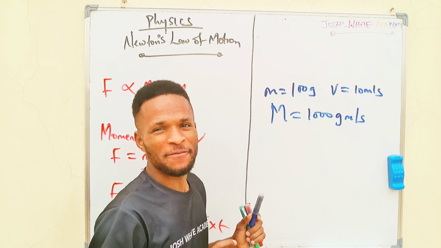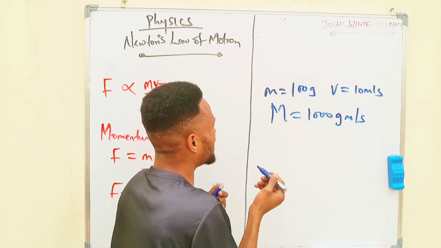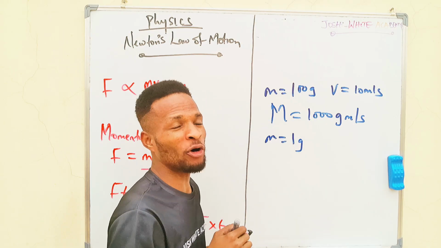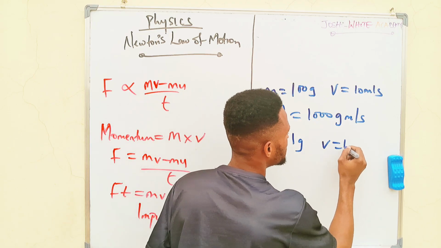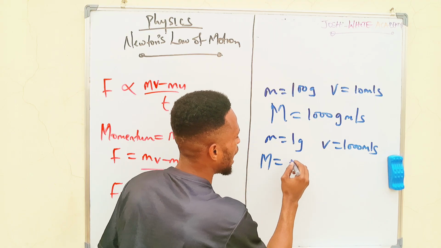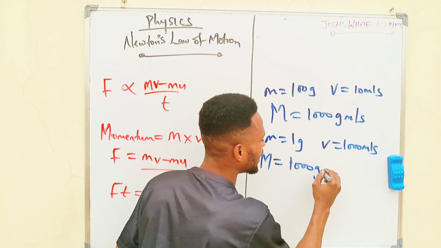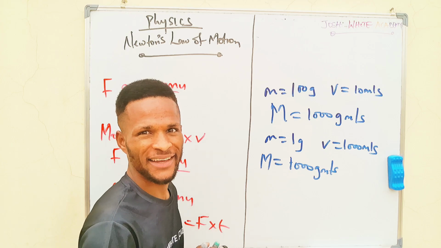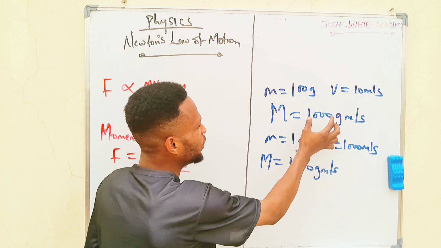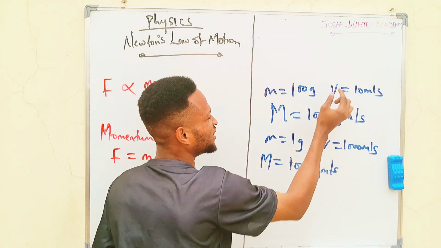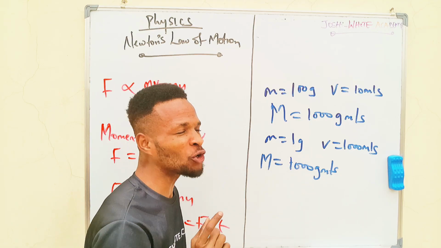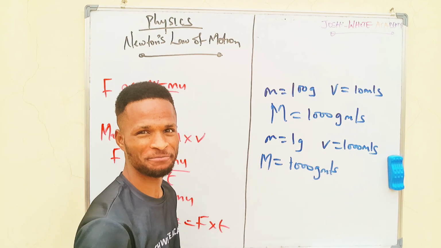Whereas a body that has a smaller mass, let's say the mass is 1 gram, but moves with a very high velocity, let's say 1000 meters per second, will have the same momentum as what? 1000 gram-meters per second. So the impact from a bullet of 100 grams shot with a velocity of 10 will be the same as a bullet of 1 gram shot with a velocity of 1000 meters per second. That is momentum.